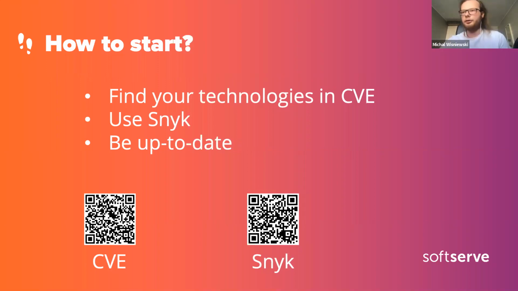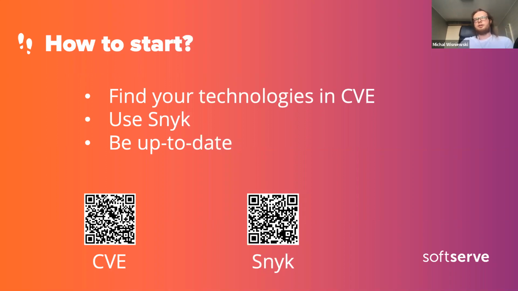Its link is in the QR code below. You can type in any technology that you are using and its version, for example Python 3.6.12, and check if any vulnerability was found.